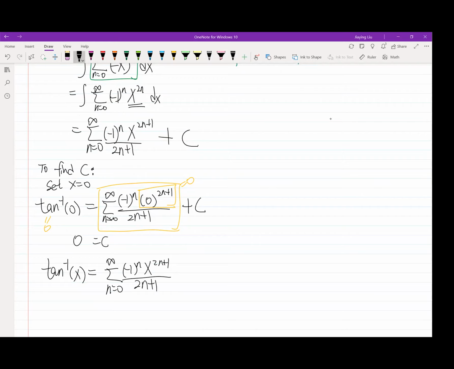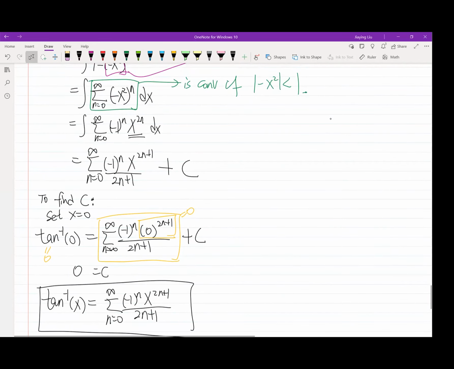And then we don't have a C to add. So that will be the power series representation for inverse tangent. Any questions on this and how I ended up with this last step?